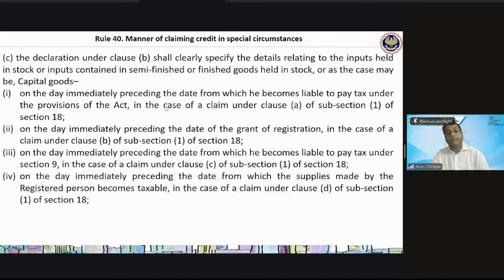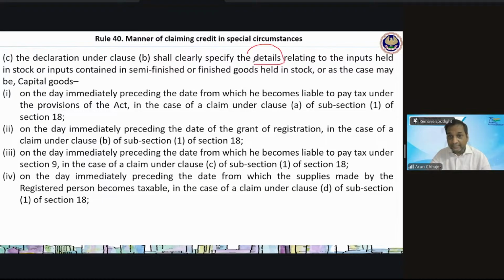The declaration under clause B shall clearly specify the details relating to the input held in the stock, input contained in semi-finished goods, or as the case may be, capital goods.